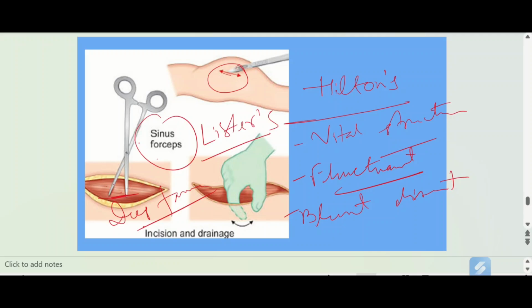After that we insert a finger. You can see in this image we insert a finger, and with the help of blunt dissection with the finger, we break any remaining loculi present in that abscess cavity and surrounding space. Then we evacuate the pus completely, send the pus for culture sensitivity, and then we may put a drain in this space if needed, or packing is done.